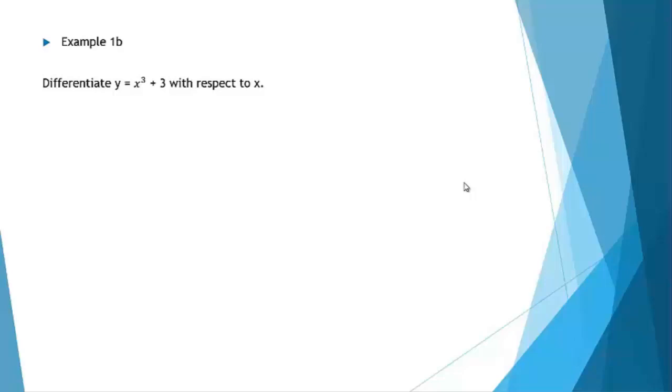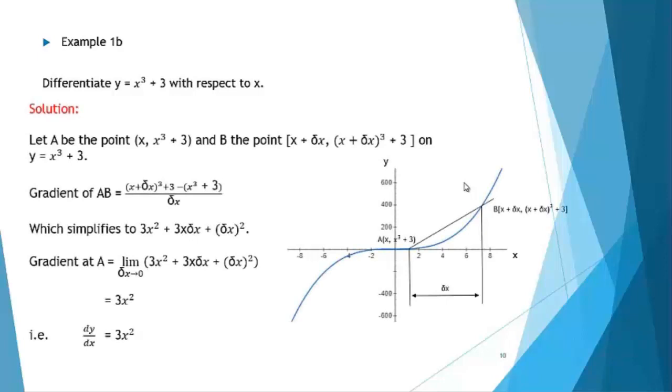Example 1b. Differentiate y = x³ + 3 with respect to x. So the solution is: let A be the point (x, x³ + 3) and B be the point (x + δx, (x + δx)³ + 3) on y = x³ + 3.